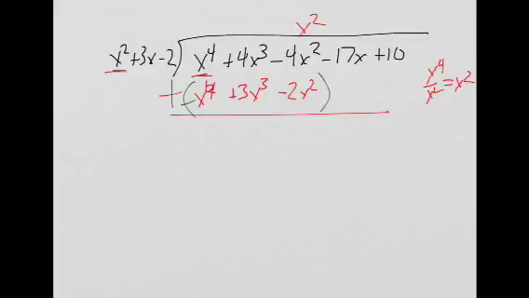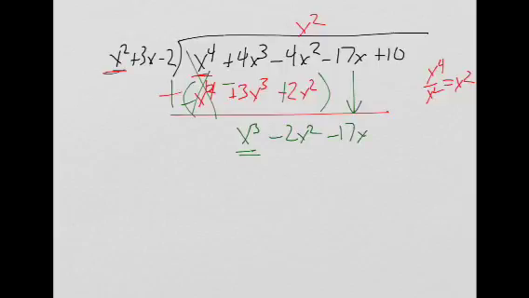Well, I subtract it by adding the opposite, and those go away, and I get 4 minus 3 is x to the third. I get negative 4x squared plus 2x squared, minus 2x squared. Bring down the next term, minus 17x.